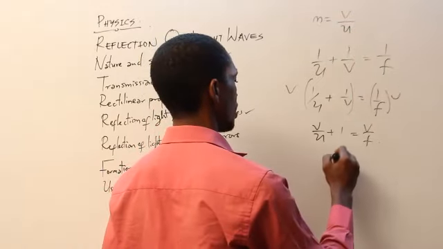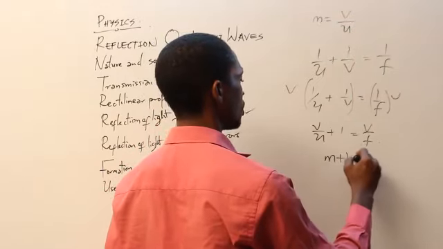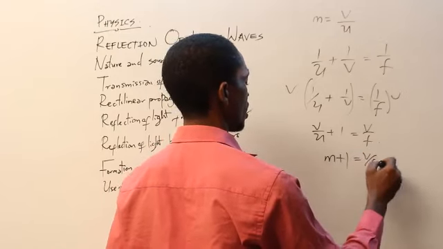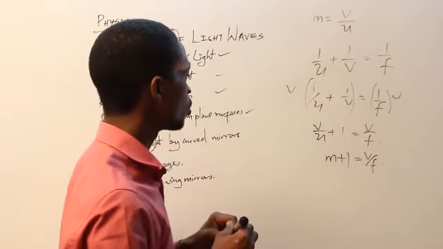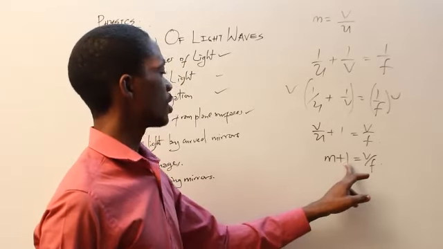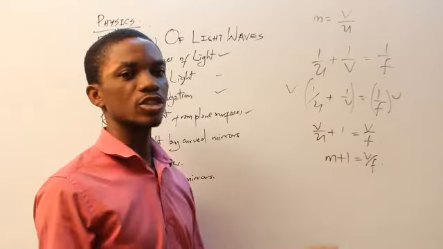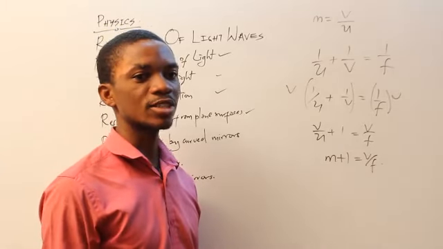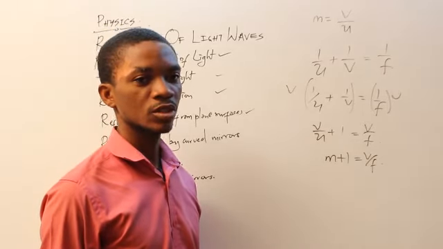So M plus 1 equals V over F. This applies to M plus. When we have plus 1, it applies to diverging mirrors, or diverging lenses or mirrors.